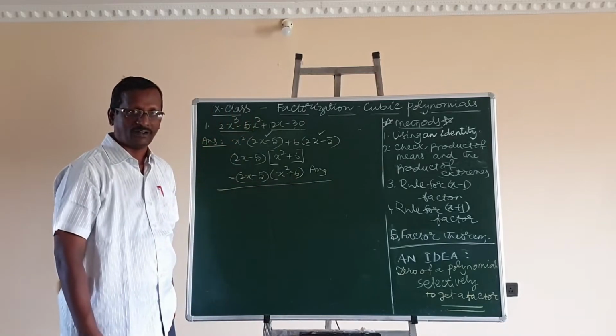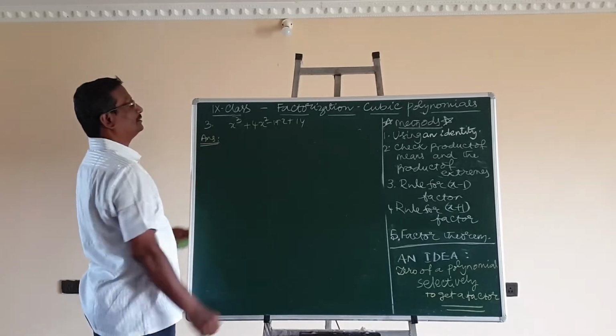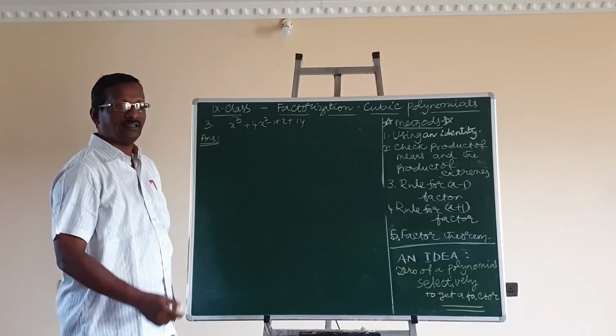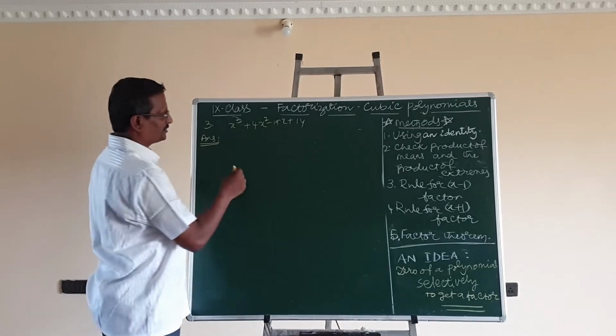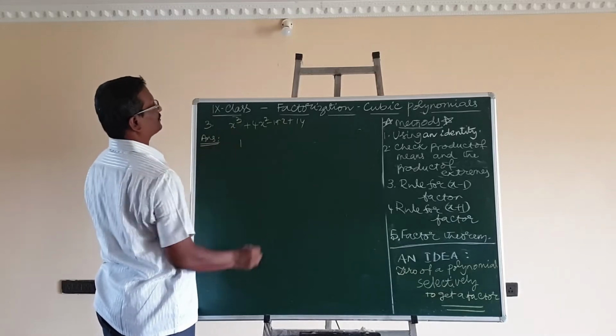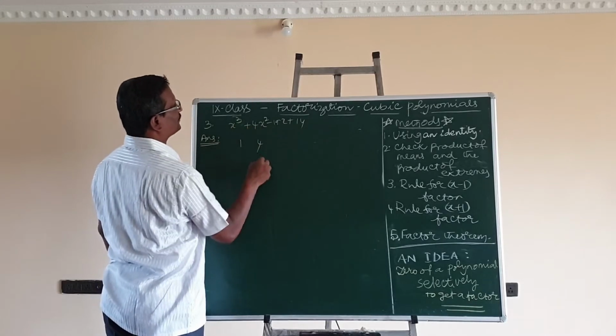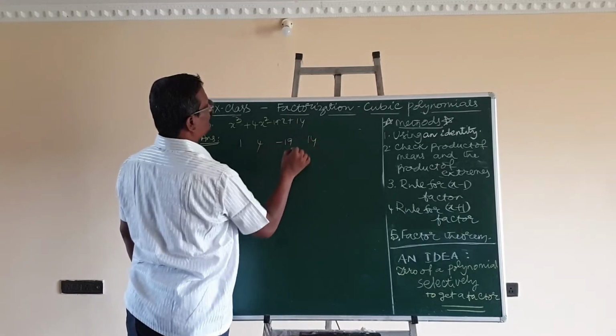Now, let's go for question number 3. The third polynomial is again a different polynomial. It is because when you see the polynomial, there are coefficients. X cube coefficient is plus 1, x square coefficient is plus 4, x coefficient is minus 19 and constant is 14.